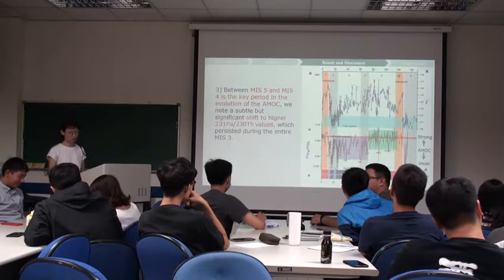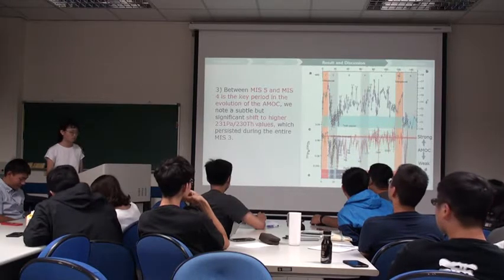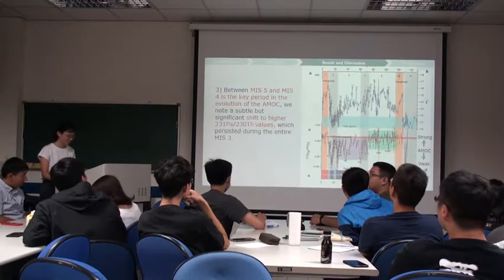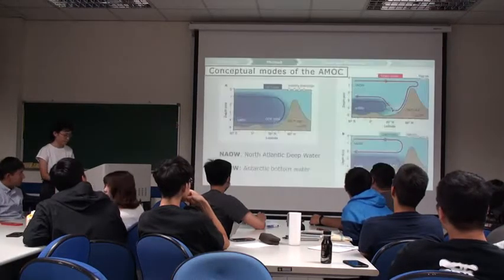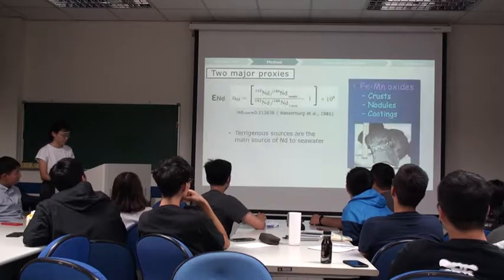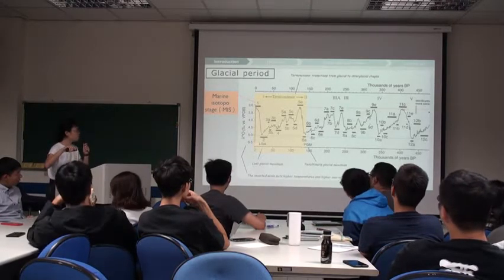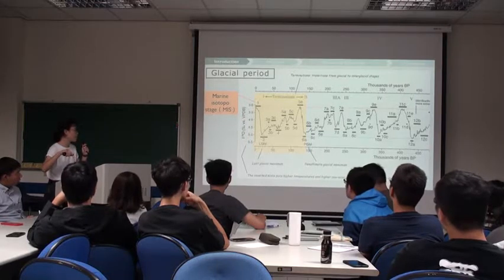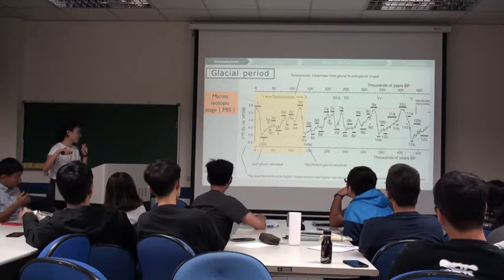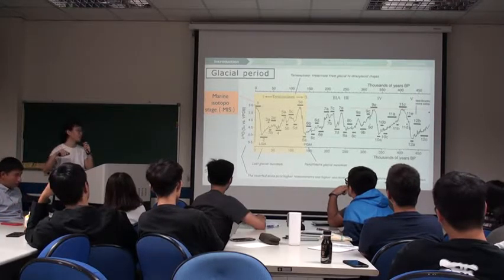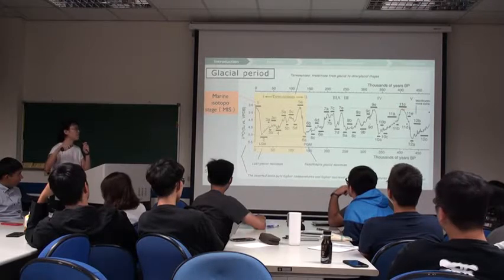Can you explain the glacial period one more time? This is the glacial period, and this is a spec map, and we use the oxygen isotope, which is the proxy to measure the temperature.